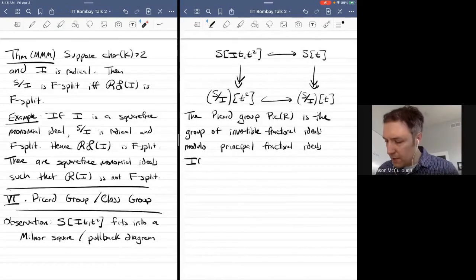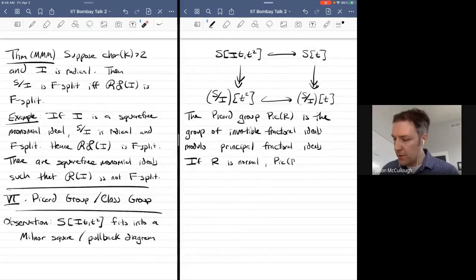And probably the setting most people are used to is the case when R is normal. And when that happens, the Picard group is a subgroup of the class group. But that's not going to be the case here.